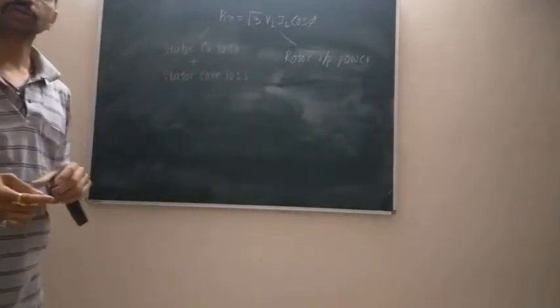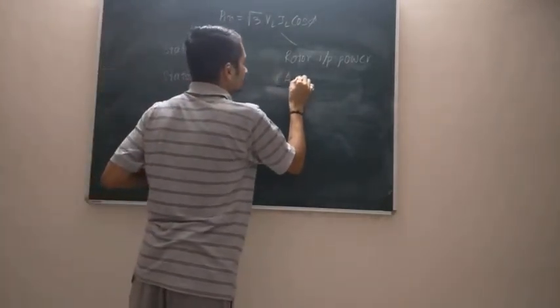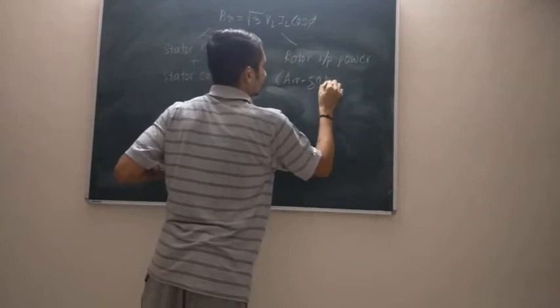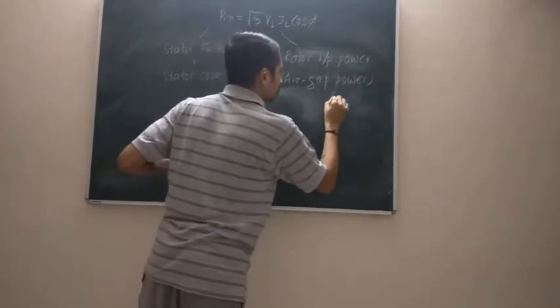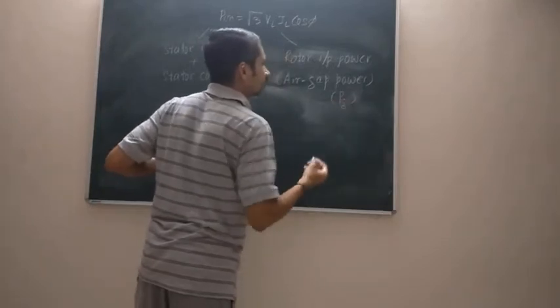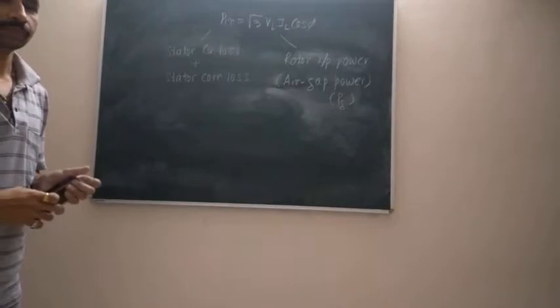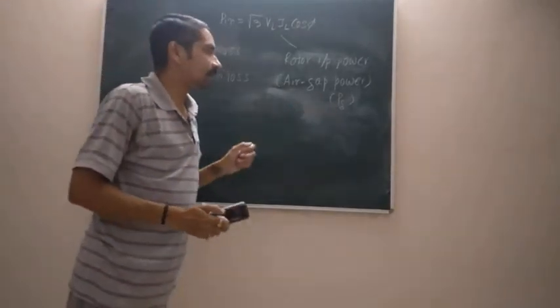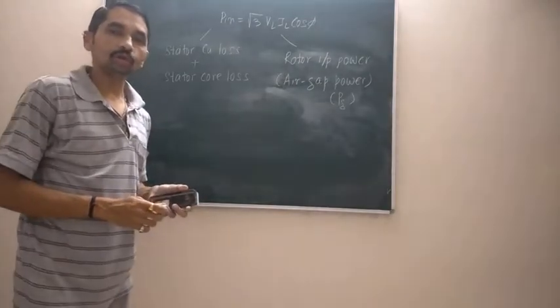As the rotor receives the power through an air gap, the rotor input power is also called the air gap power, and the common symbol used to indicate the air gap power is Pg. Now from this air gap power, I have to take into consideration the two more losses remaining.